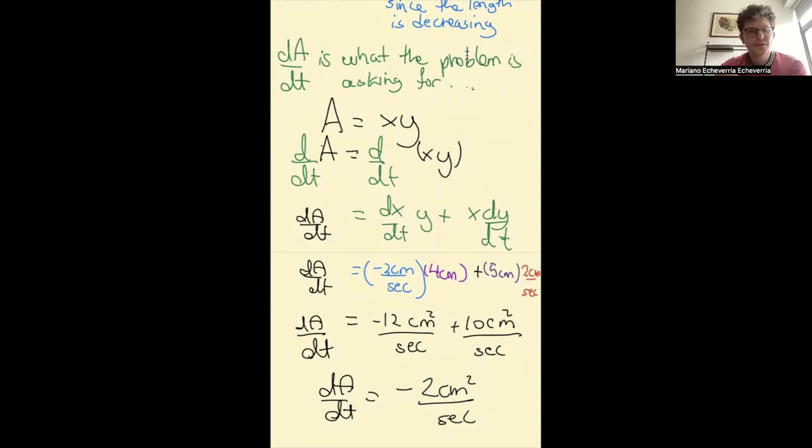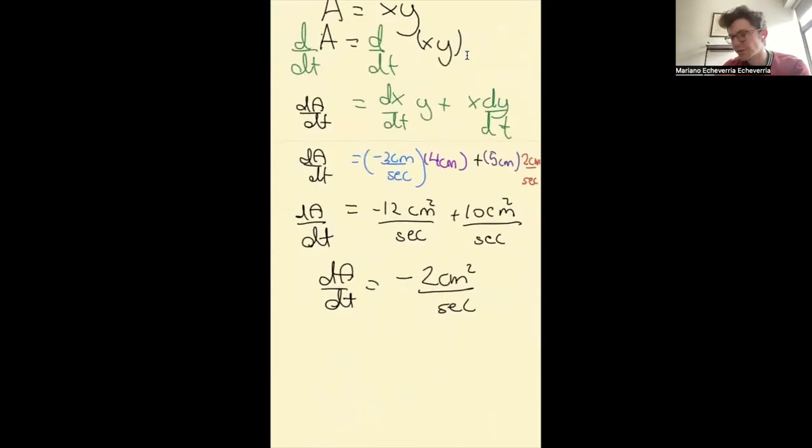Oh, the other thing I was going to say is that because the derivative was negative, that means that the rectangle is shrinking, right? It means that you're losing area, so the rectangle is becoming smaller.